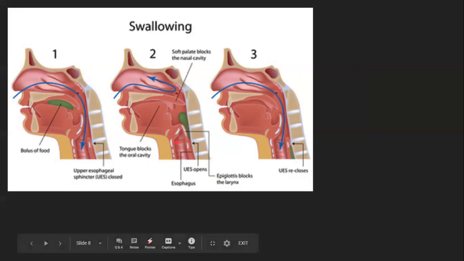You can see in the second picture that the windpipe to the lungs, the trachea, is actually blocked. So food cannot go down that way. So the mouth is doing all kinds of very complex things. There's a lot going on here.